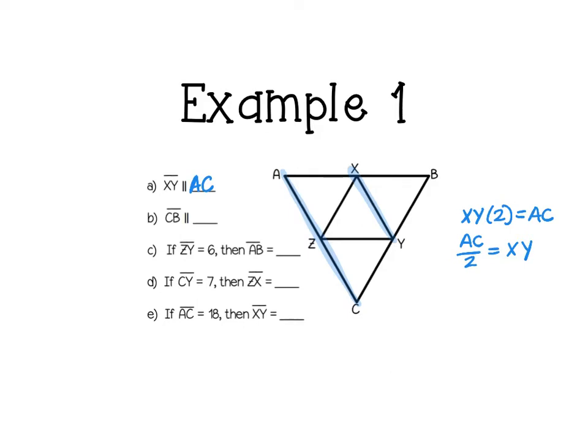Now it's asking us about CB. CB is parallel to XZ. So that is telling me that XZ is a midsegment. It's parallel to BC. So XZ is half of CB, or CB divided by 2 will give me XZ.